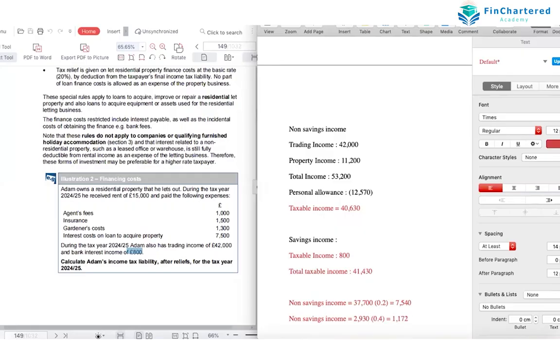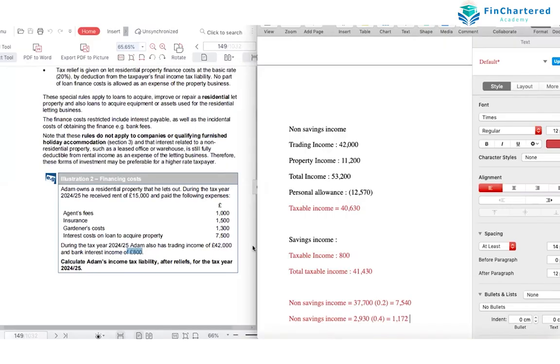Then you have the savings income. So what is the savings income that we have? We have a savings income of 800. All right.